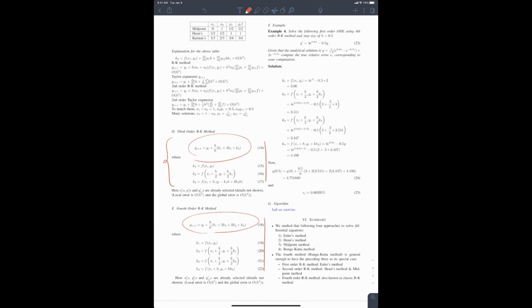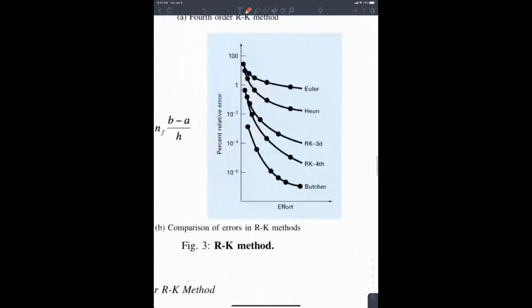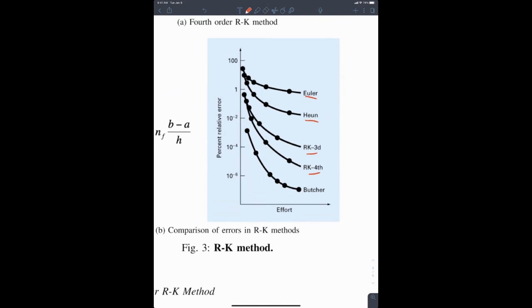But with that, we can implement these methods using a program and see how they compare. And that is exactly what is done in this figure. They compare Euler's method, Heun's method, and the third order and fourth order Runge-Kutta methods. They are showing it in terms of effort, that means how many iterations you have to do, versus percentage relative error.